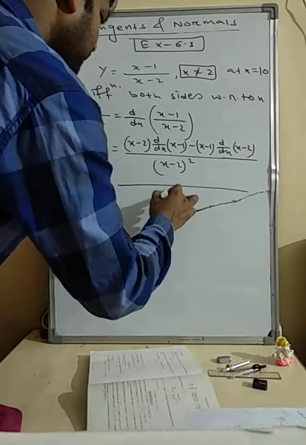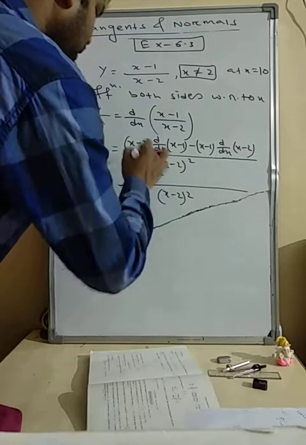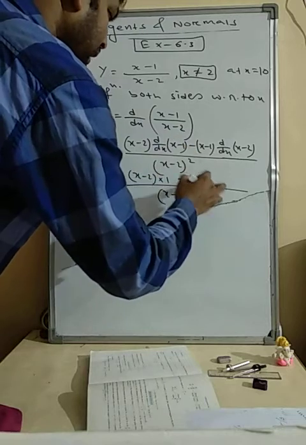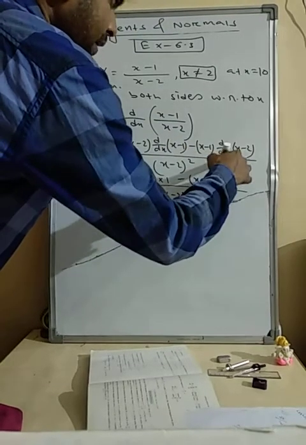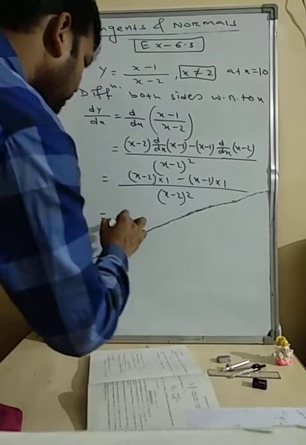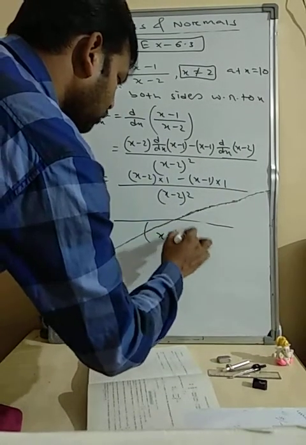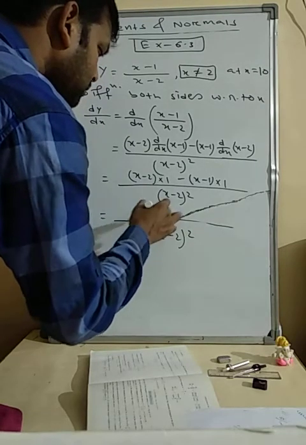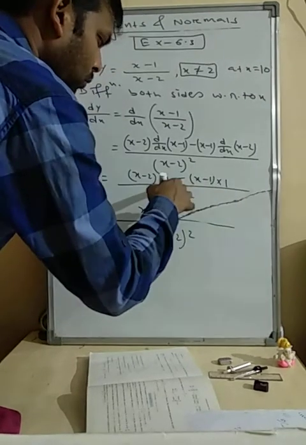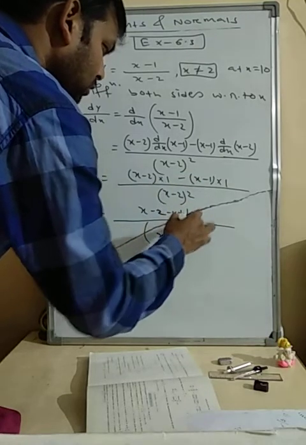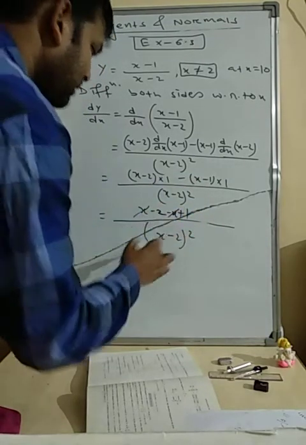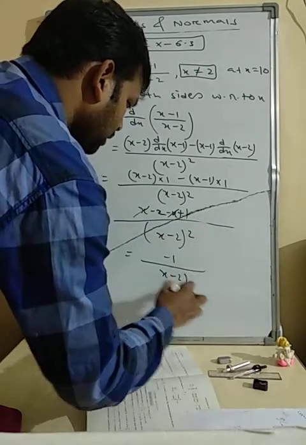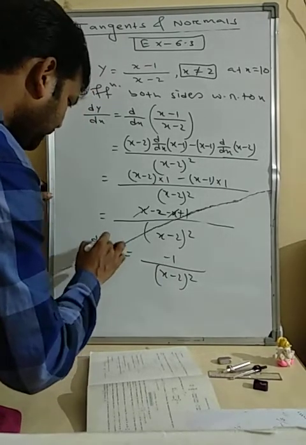So it is x minus 2, d/dx of x is 1 and of the constant it is 0, so 1, minus x minus 1, d/dx of x is 1, so 1. Ultimately it is x minus 2 whole square, then x minus 2 minus x minus 1, open the bracket, minus x plus 1. So x minus x cancel. So ultimately it is minus 2 plus 1, minus 1 by x minus 2 whole square. This is dy/dx.